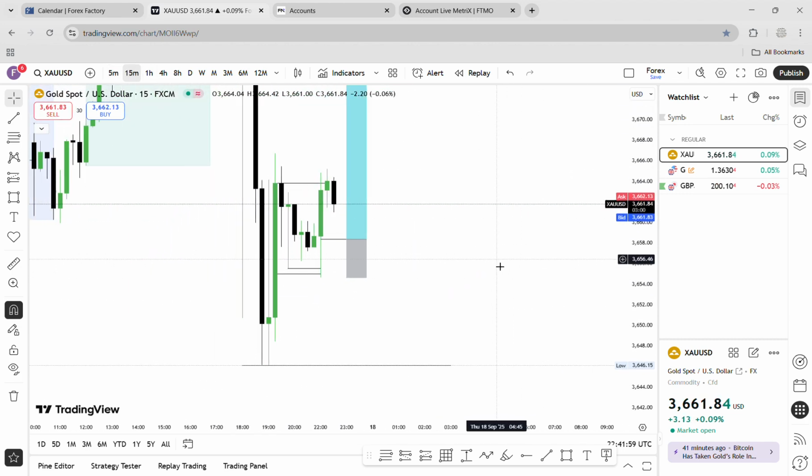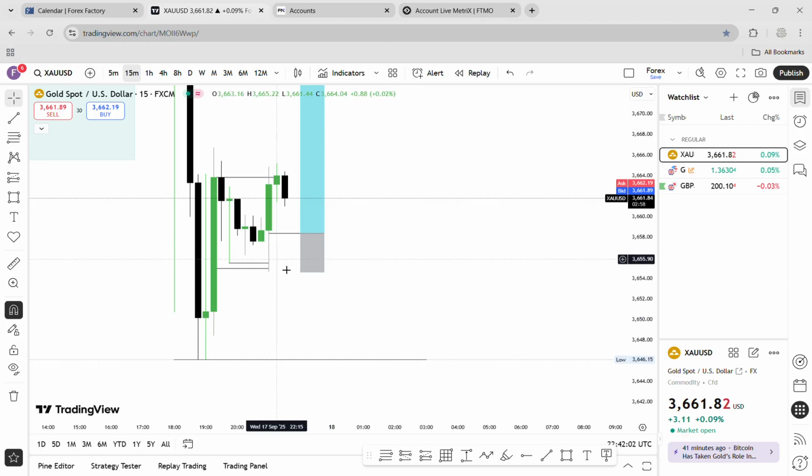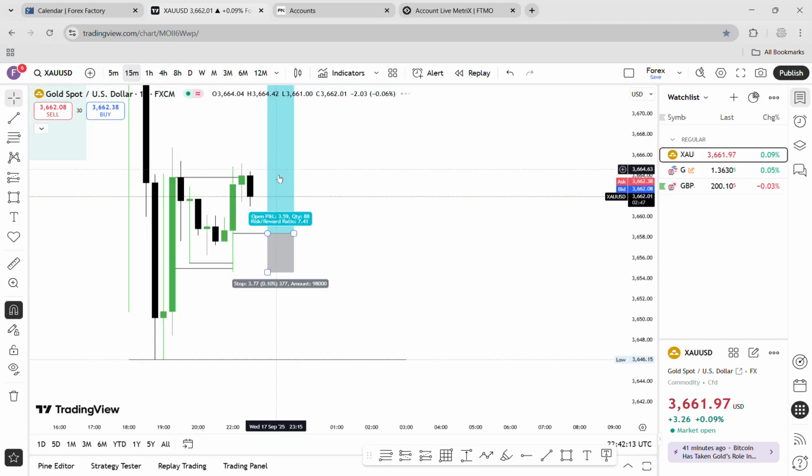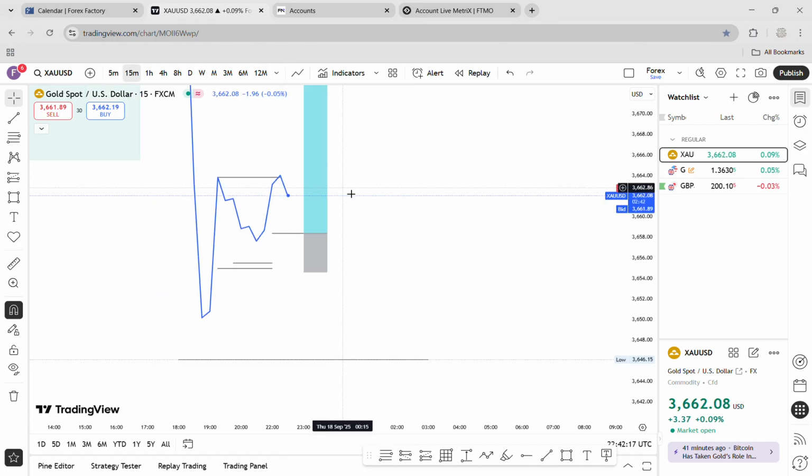Look at the 15 minutes right there. After this liquidity, tap into this 5 minutes area, then here. This is some kind of area we are looking at right now for price to probably move away from.